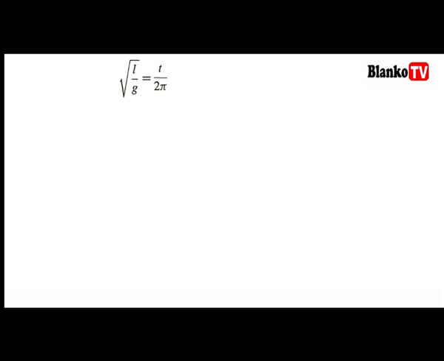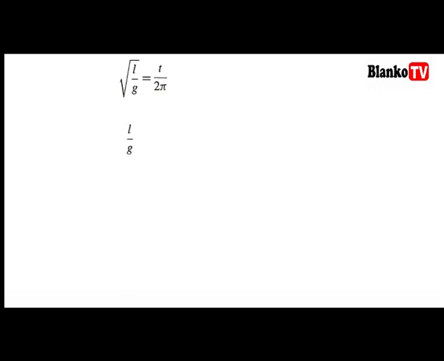So here we have to get rid of the square root from the left hand side, since we are making G the subject. When the square root crosses the equal sign to the right hand side, it becomes square.